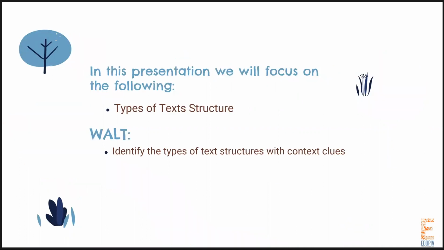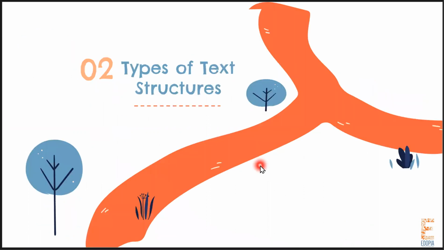Today we are going to discuss the types of structures in informational text, and we're going to identify the different text structures with their context clues. Our focus today will be how do writers organize their ideas in informational text.